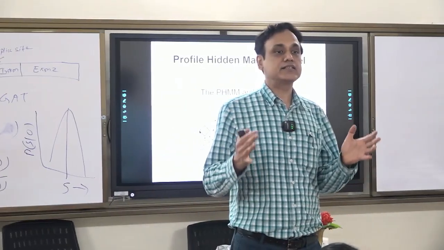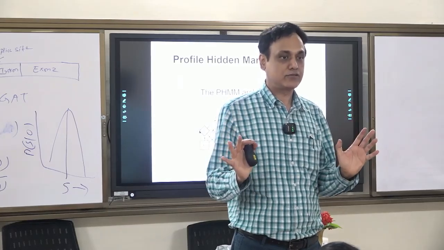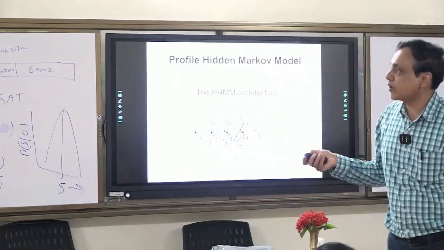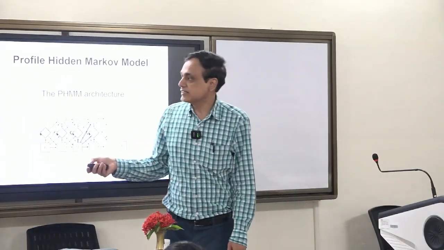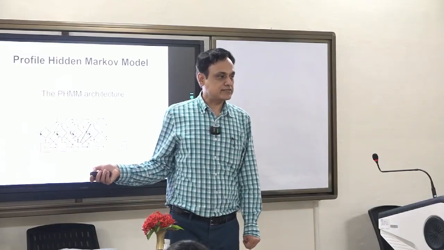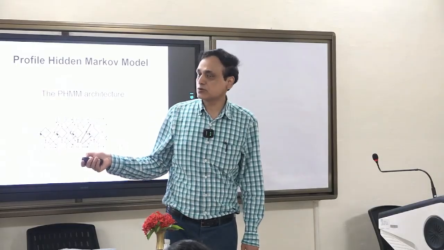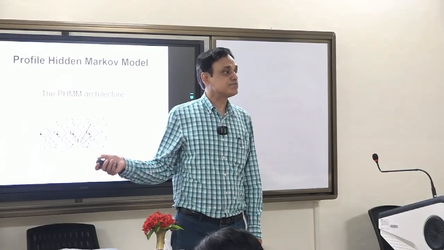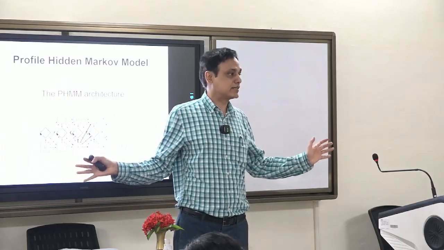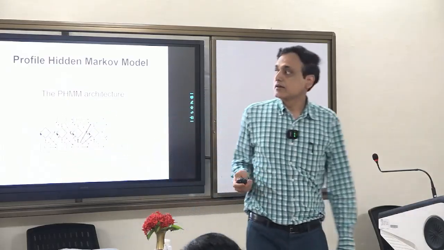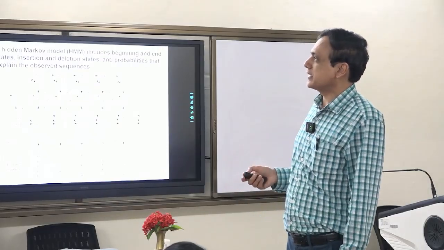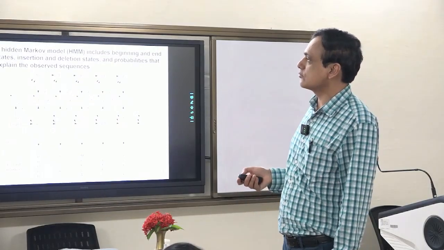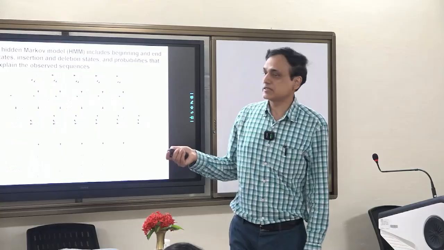They represent a gene family or a protein family. Okay? And they are modeled using the three states: match state, insertion state shown in diamonds, and deletion states shown in circles by the profile hidden Markov model. So here again, I will skip the same thing, but it looks more neat, profile hidden Markov model.